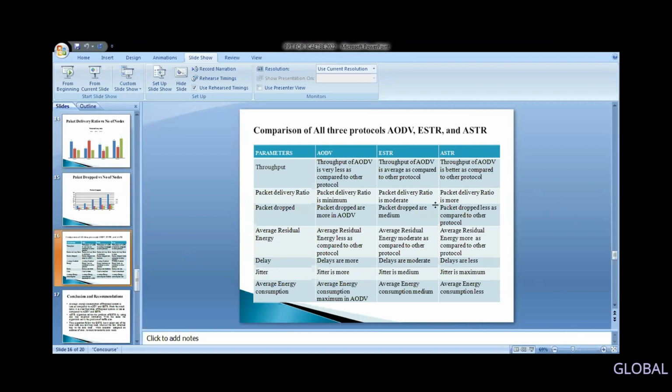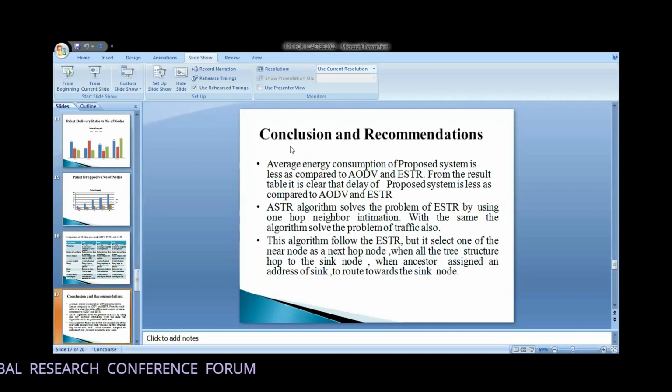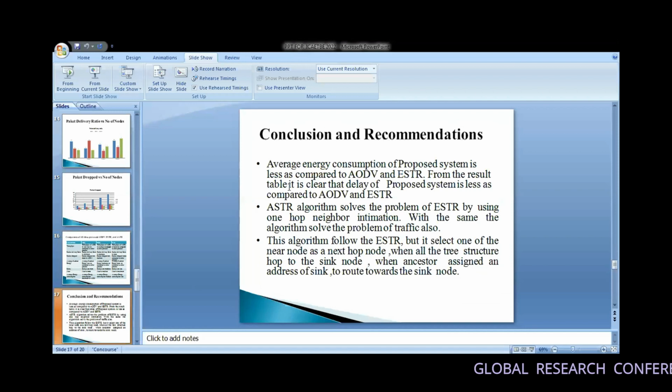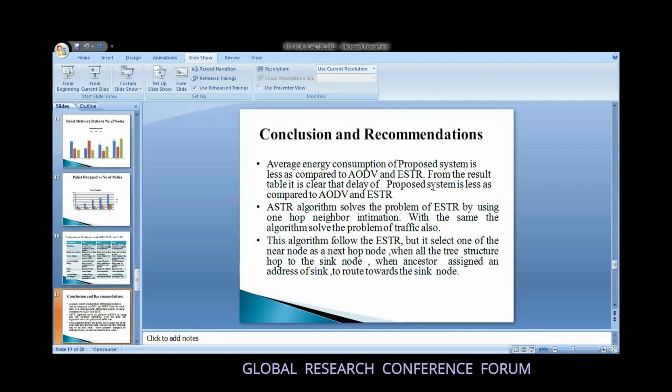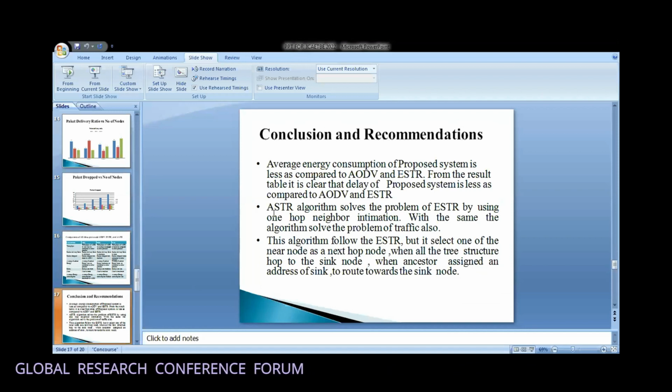Packet delivery ratio is more as compared to traditional protocols. Packet dropped is very less in the proposed system as compared to the traditional one, and delay is also very less. So this is the conclusion. Average energy consumption of the proposed system is less as compared to all traditional protocols.